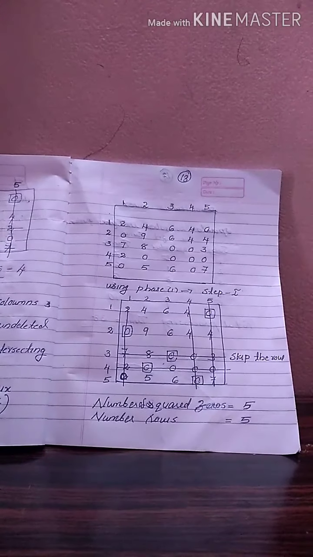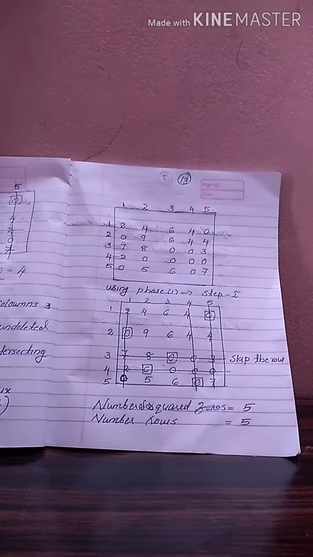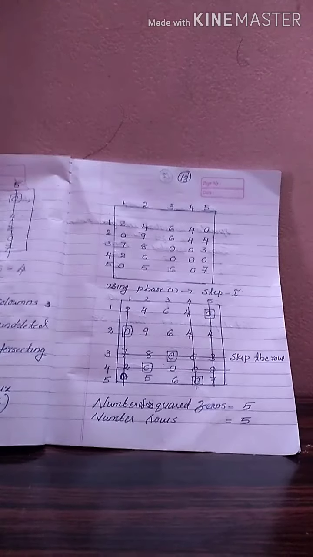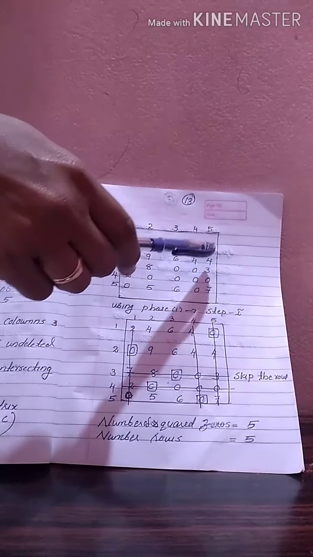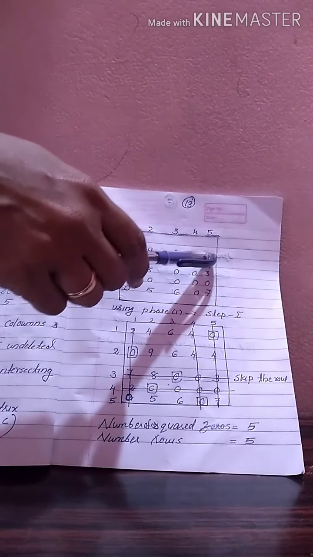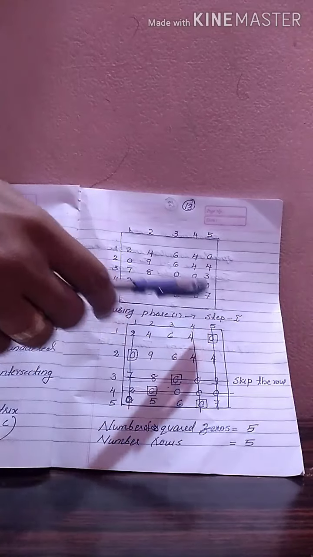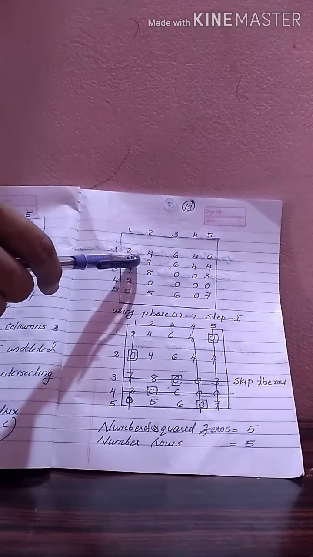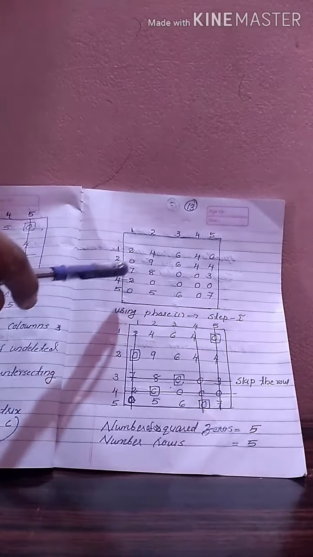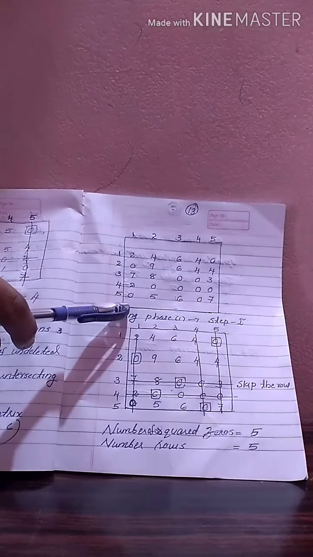Then continuing with step 1: in the first row, find the number of zeros and square mark. In the second row, find the number of zeros, then square mark. In the third row, find the number of zeros. The first row has only one 0, so square mark it and pass a vertical line through it.